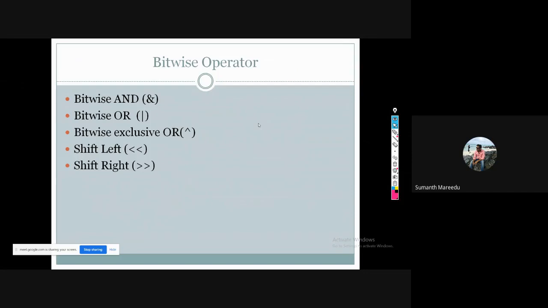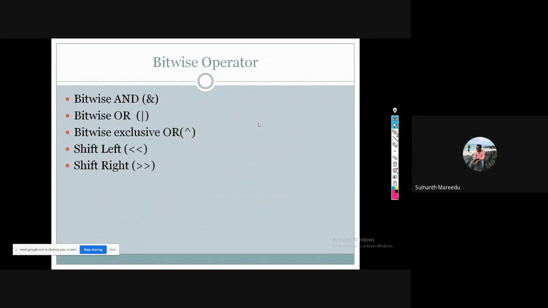They are not applied directly on the decimal representation of numbers. The things we have seen till now are applicable on decimal representations. I write a plus b, where a and b are decimal integers. Even though I give an integer value here, these operators are not applied on the decimal representation. Got it?